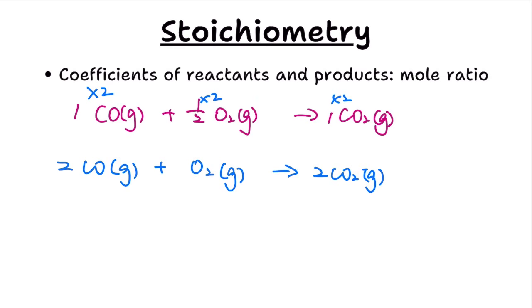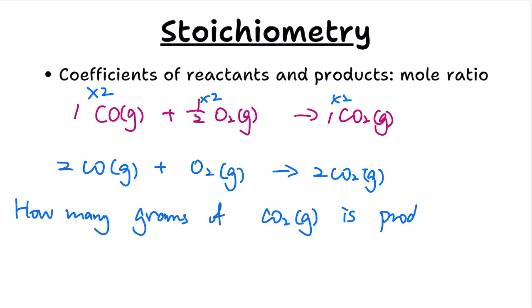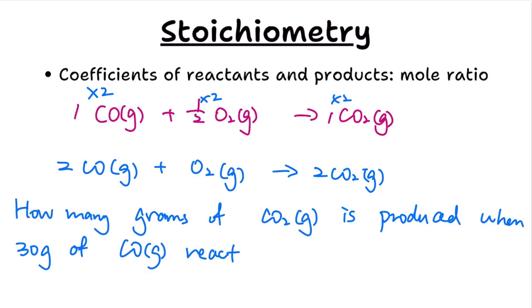And for example, if I am asking, okay, how many grams of carbon dioxide is produced when 30 grams of carbon monoxide reacts completely with oxygen.